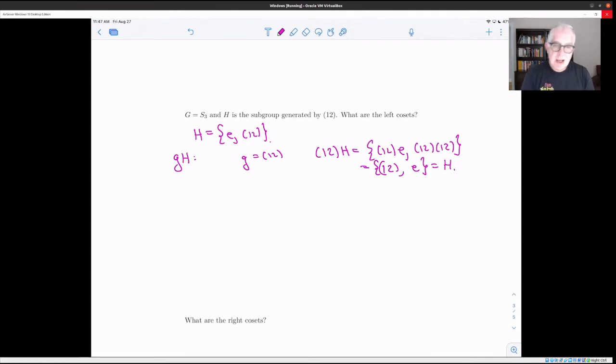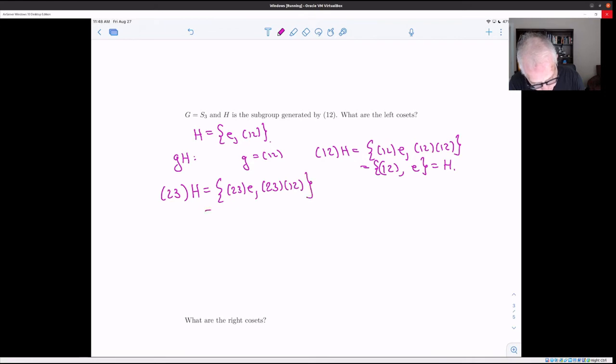Now we could multiply by the other transpositions, or the other reflections, like we could multiply by (2 3) times H. And that's (2 3)E, (2 3)(1 2). And that works out to be (2 3), followed by, and now we have to do this multiplication.